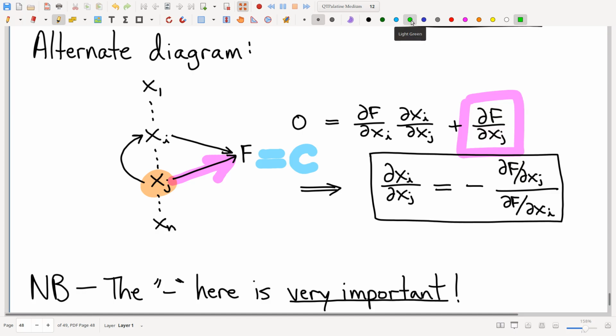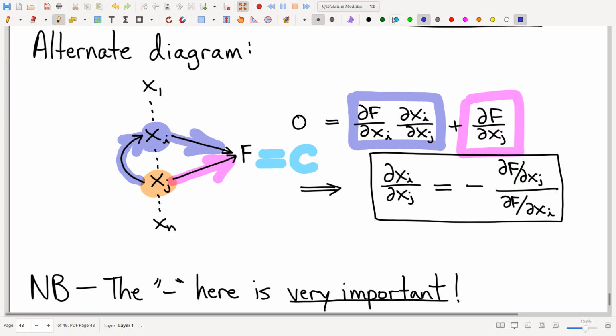We're taking that, another color choice, that xi is a function of xj. That means as xj changes, xi will change, and as xi changes, that will contribute to a change in capital F as well. And it gives you this term.